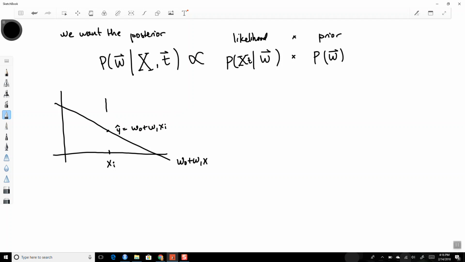And then we have to pretend that there's some distribution centered here, and we might observe our actual Y to be right here. All right. And so if our model says the errors are normally distributed, this is going to be the normal distribution.